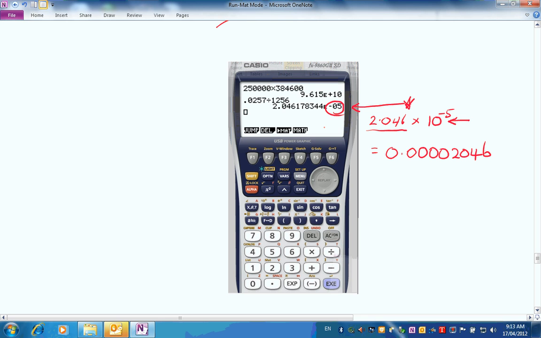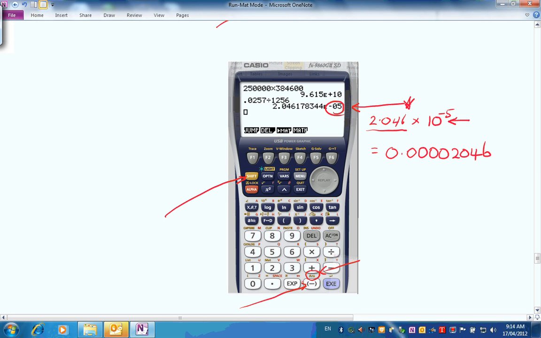So let's move on to a couple of final interesting steps we can do in run mode. I'd like you to imagine that you now want to multiply the answer you've just found by the number 2. Oh, I should have done that first. No, I forgot. So rather than go back and enter this big number again and times by 2, you can go to, what's this now? Shift and the negative key, because look at that. You can access the previous answer, so you don't have to re-enter it, by hitting Shift and the negative key to access answer here.